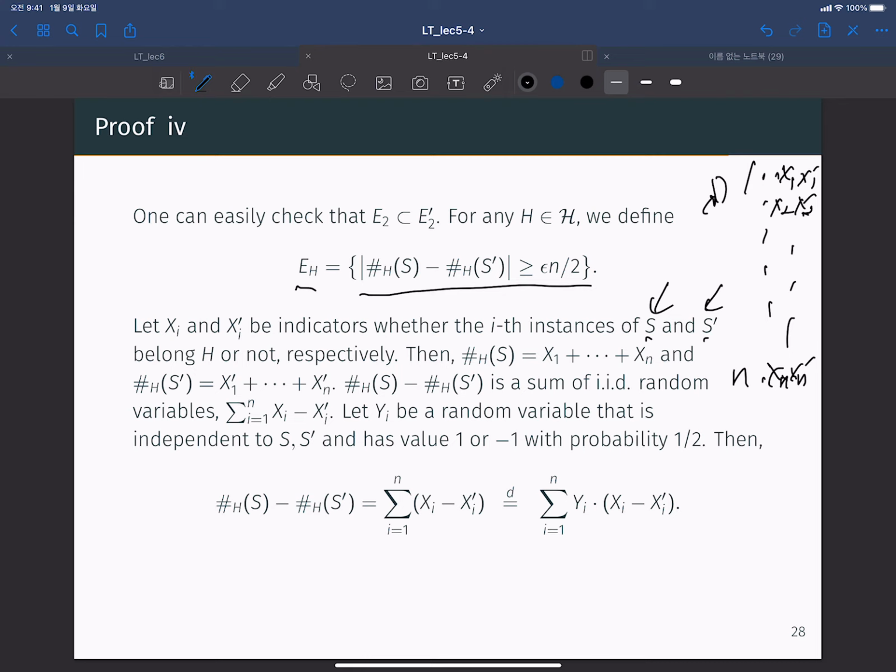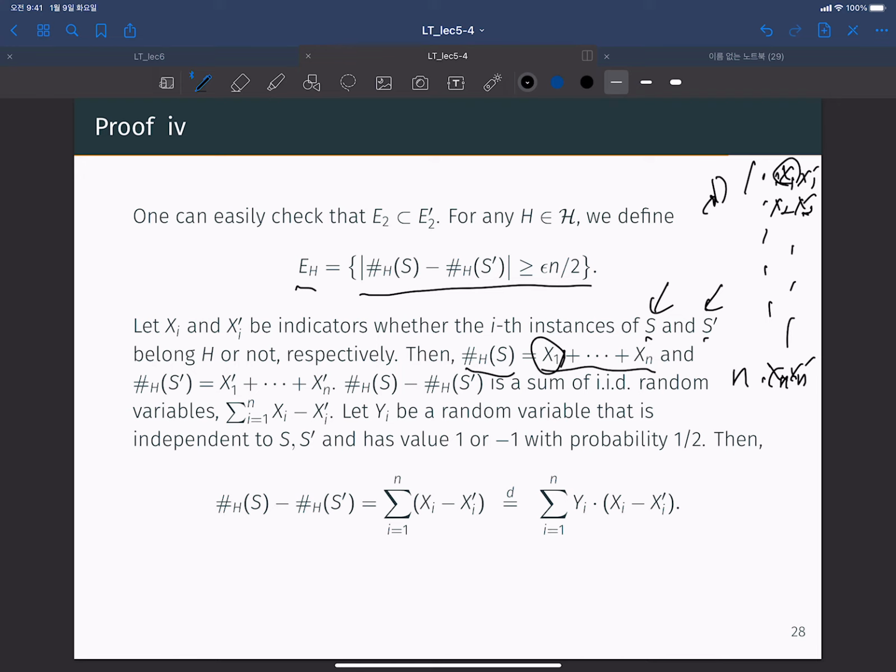Right. And this value is equal to 1 if the first point, x1, belongs to the positive area, and equal to 0 if it belongs to the 0 area. Then the number of positive samples is equal to the sum of these random variables.